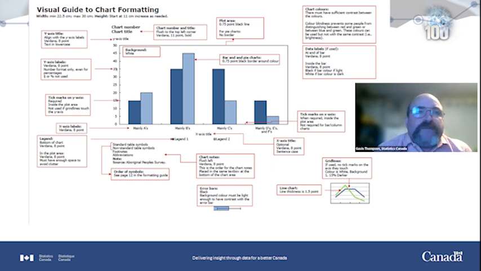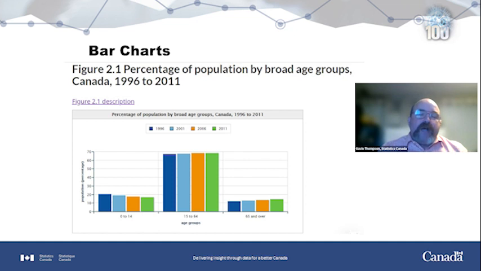I got a question from someone. What is considered too many bars in bar graphs? Let's go back to this one. So how many is too many? I don't think there's a hard and fast answer to this one. I think you have to take a look at it yourself. If we had added more age groups, so there's more groups of 4, I think that would have been fine.